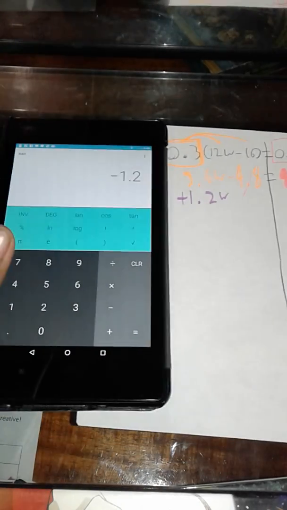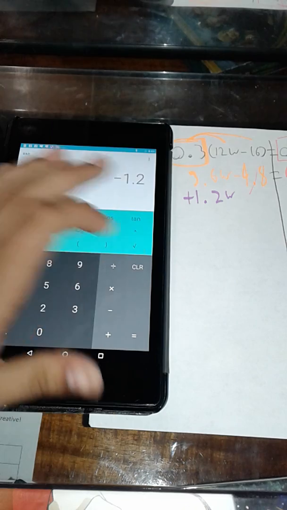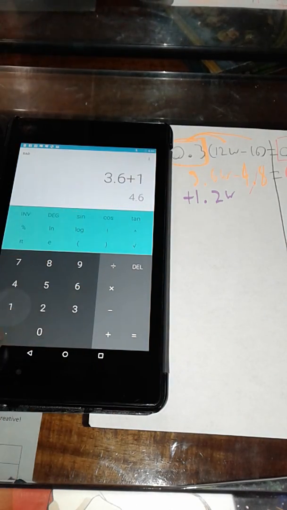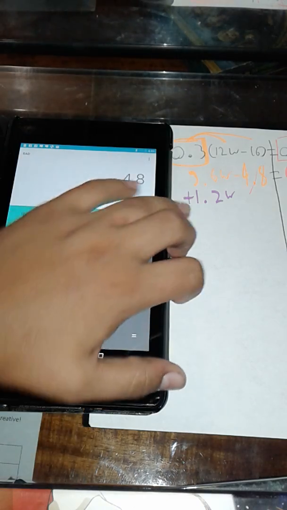If we get the calculator in here, 3.6 plus 1.2 equals 4.8, so we put 4.8w.